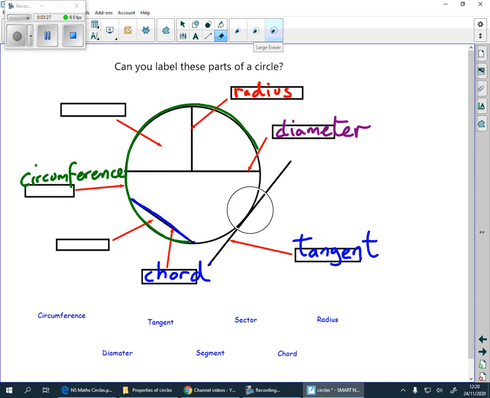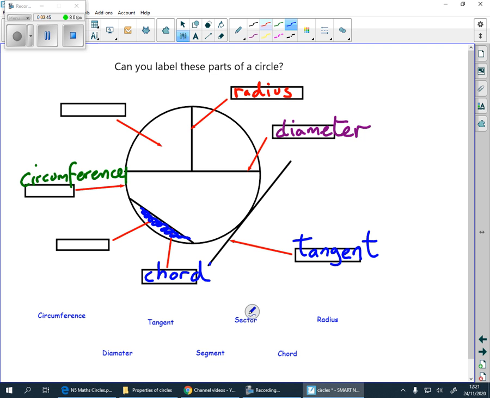Let's clear some of this off. Right. Now, an area described between a chord and a circle. So this is maths language for you. The area between the chord and the circle, there, would be known as a segment.